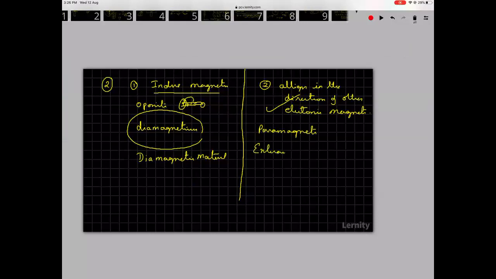An extreme case of paramagnetism gives rise to ferromagnetism. Okay, this is extreme magnetism. Extreme cases of magnetism are ferromagnetism.